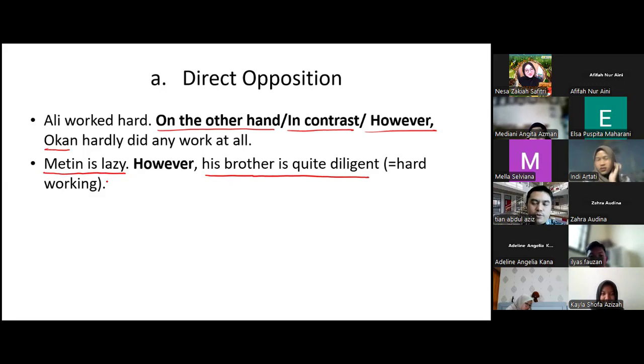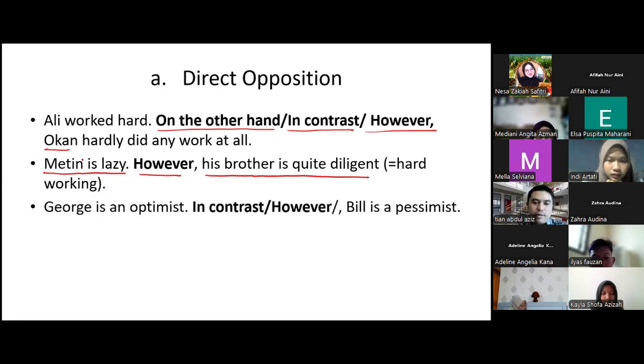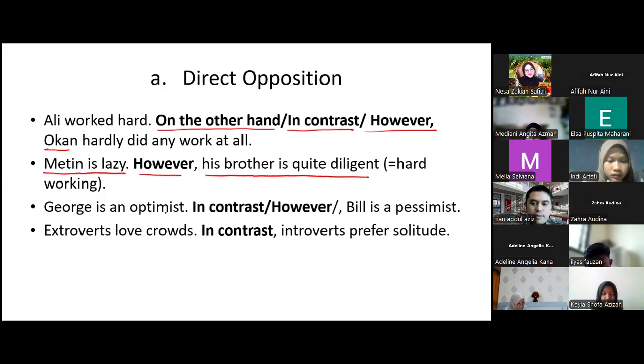So we use however to contrast those sentences. Okay, next, Adeline. George is an optimist. In contrast, Bill is a pessimist. Again, it is clear, there are two different ideas. Okay, good.